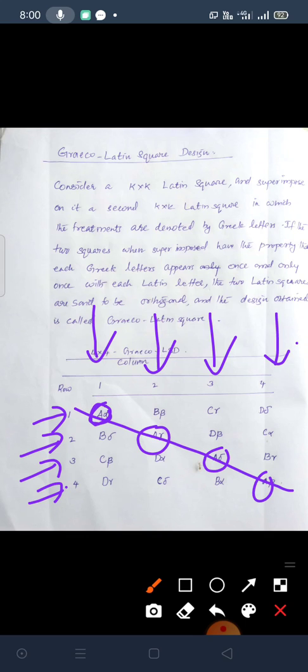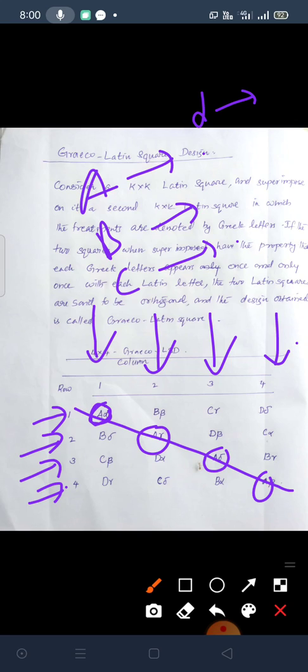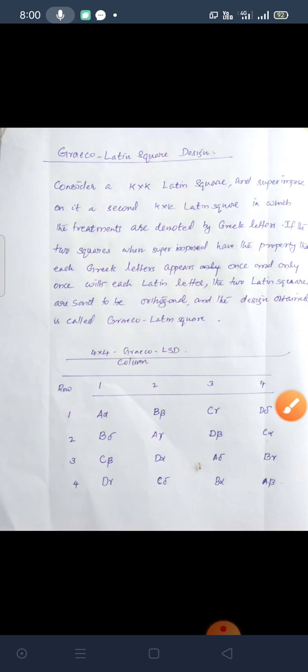So, treatment total of A, and similarly you have to find treatment totals of B, C, etc. Similarly, you have to find the Greek letter treatment totals, corresponding to alpha, corresponding to beta, corresponding to gamma.